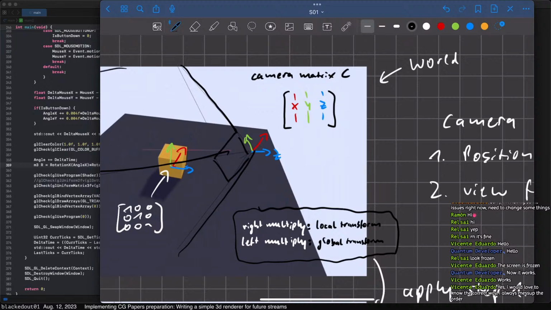So we somehow need to add to this description here, we somehow need to add an offset. So because like we want the camera to be at some, maybe I could use a different color, some offset here.